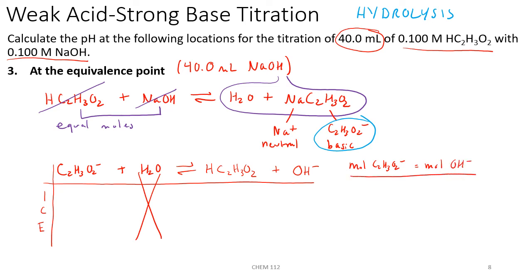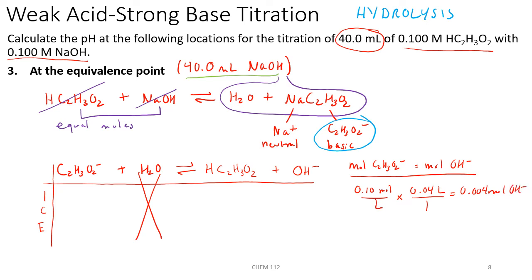This is very important because nowhere in the problem do you see moles of acetate being thrown out at you. So to get the moles of hydroxide, we're going to take the concentration, 0.1 moles per liter, times the volume of hydroxide we've added in liters. At this point, we've added 40 milliliters of hydroxide. So we're going to multiply by 0.04 liters, and that gives us 0.004 moles of hydroxide ion.